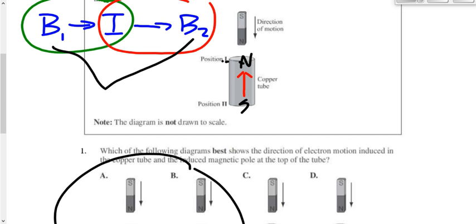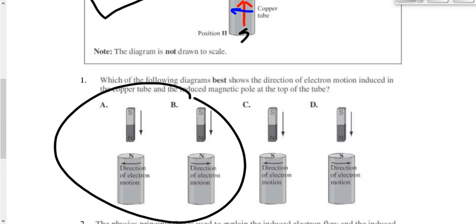So thumb is going to point upwards, magnetic field is upwards, and my fingers in front of the coil are going to point to the left. So the electric current is going to the left in front, which means the answer for this question is A.